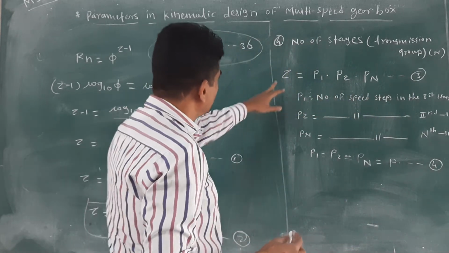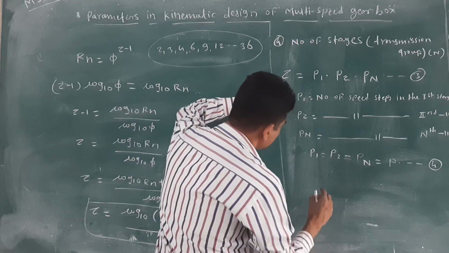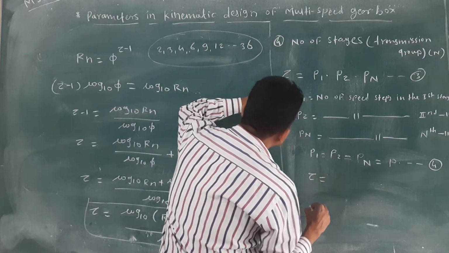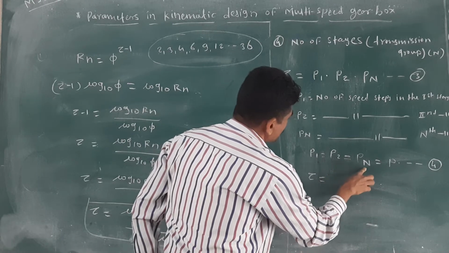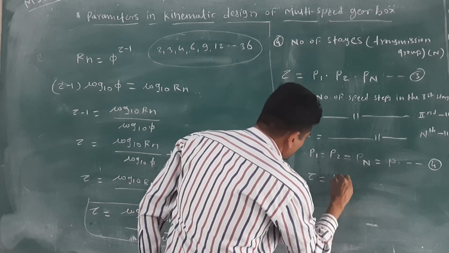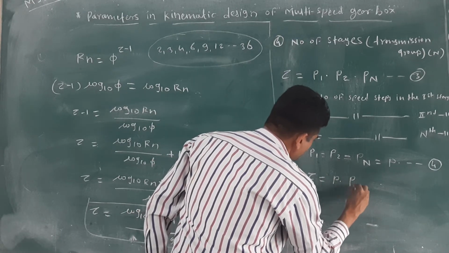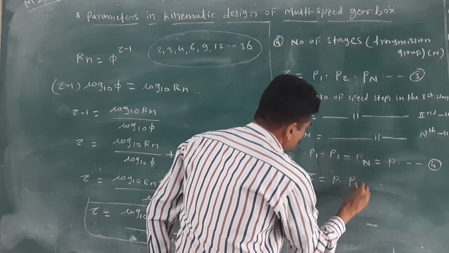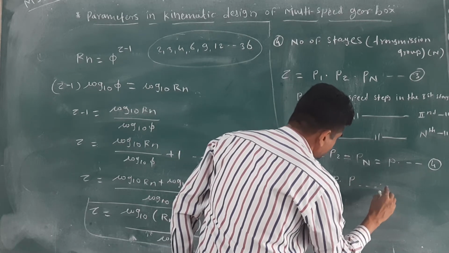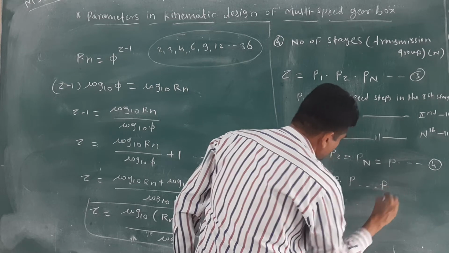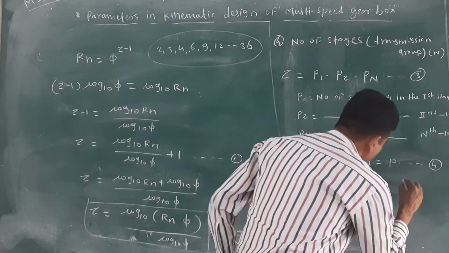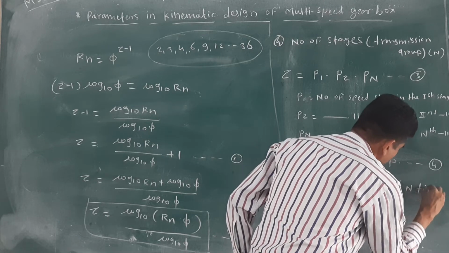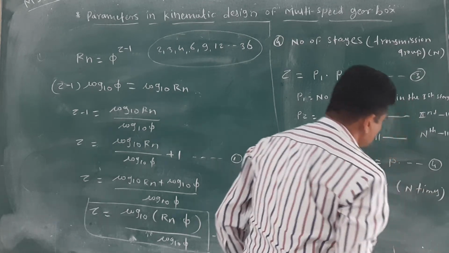Then can I write Z, with the help of equation number 3, as Z is equal to P1 into P2 into Pn, with P1 equal to P2 equal to Pn equal to P. Then I will write P into P up to P again, in brackets n times.